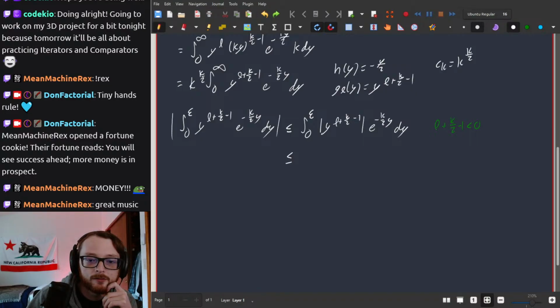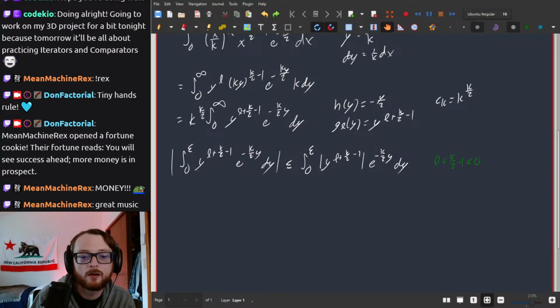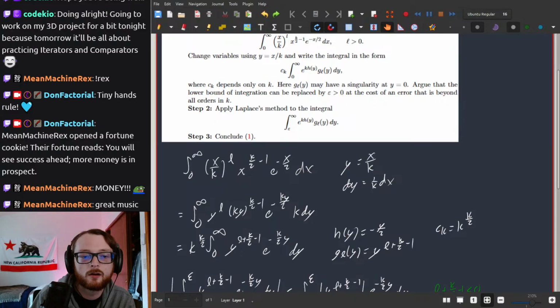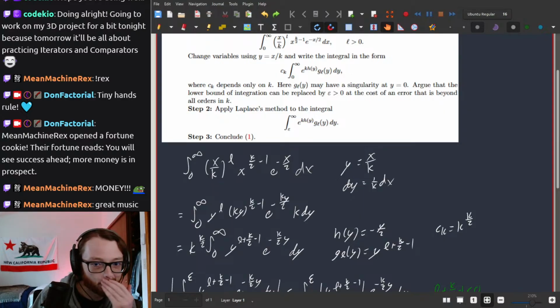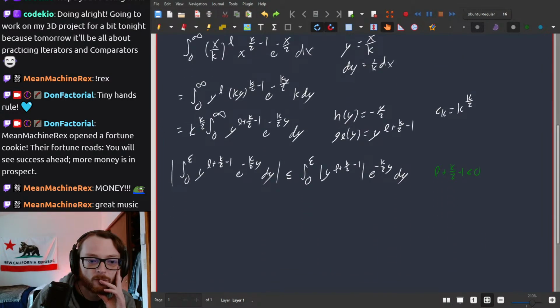So when y is close to 0, this thing blows up. This thing just goes to 1. So how does this argument even work?